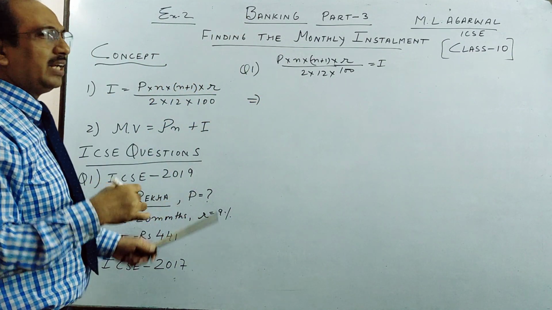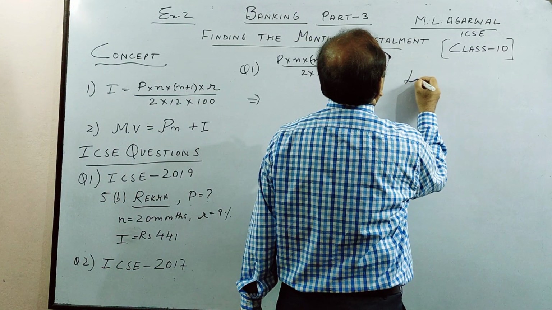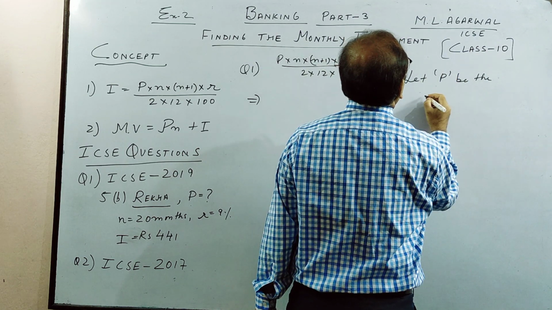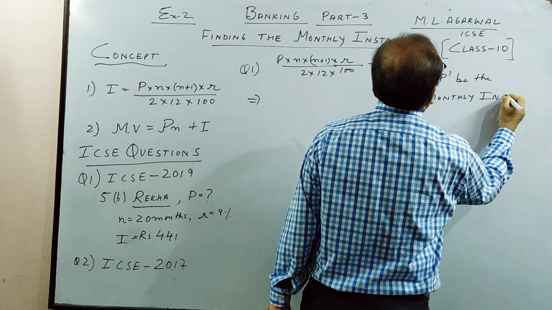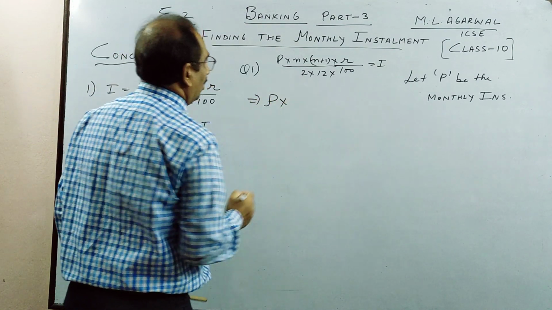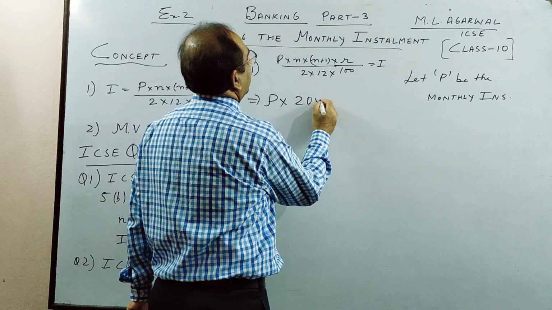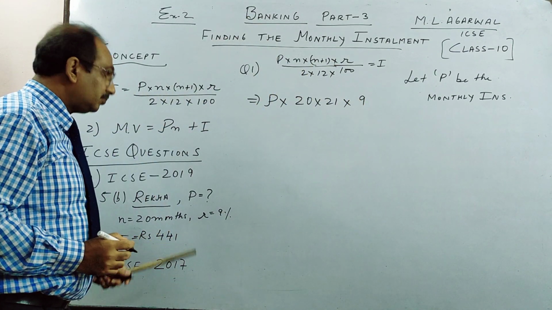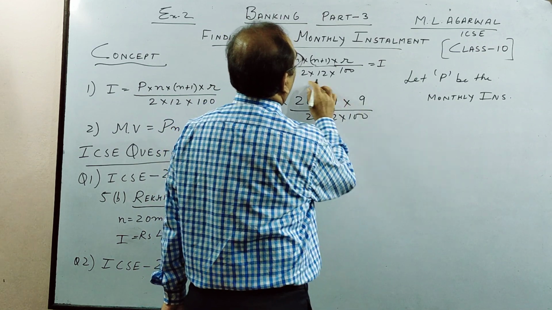Let P be the monthly installment Rekha puts. N is how much given, children? 20 months, so 20 into 21, N plus 1, R is 9, and this comes by the formula 1 by 12 by 100.